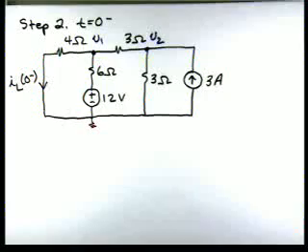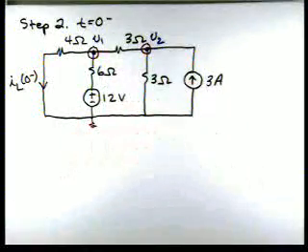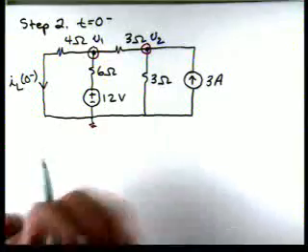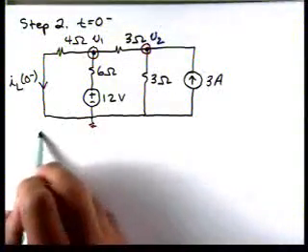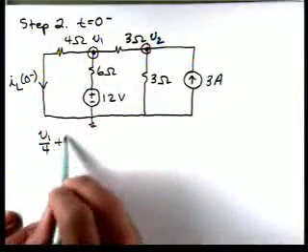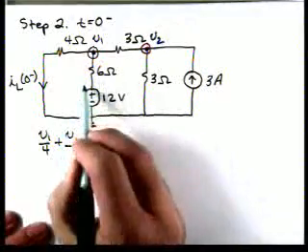Now let's apply Kirchhoff's current law to those nodes. For the node on the left, we'll have V1 over 4. That's the current leaving in this direction. Then we'll have V1 minus 12 over 6. That's the current flowing down.